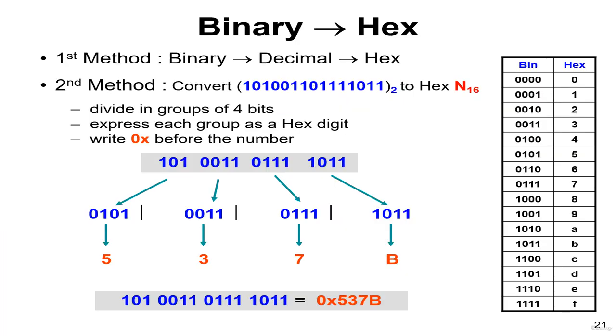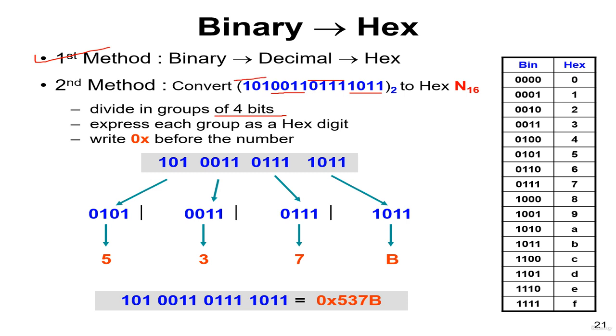Similarly, for binary to hexadecimal, this was the first method that we have already studied, and the second method that we studied previously is that a hexadecimal digit is equivalent to 4 binary digits. So the same rule is applied. If this is the string, we group it into groups of 4 bits, since each is equivalent to this.